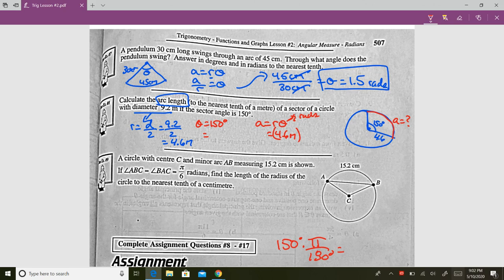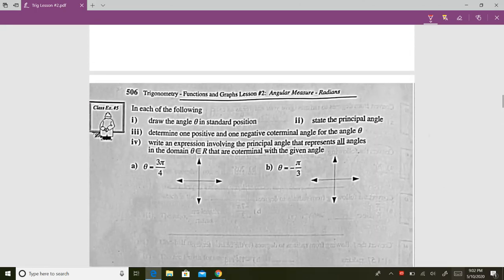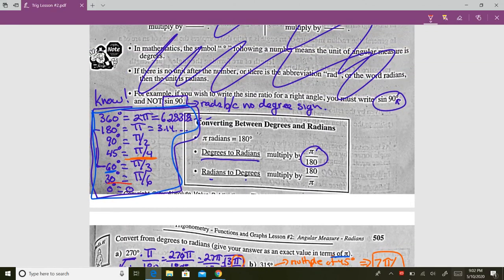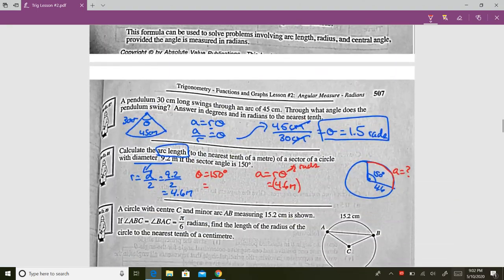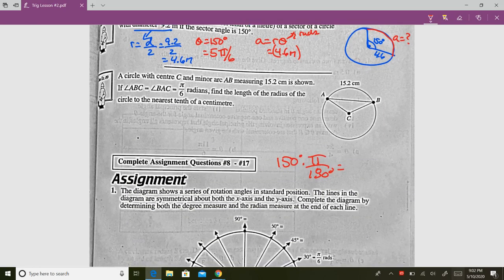Now I know 30 goes into 150 5 times, right? 5 times 30 is 150. And what's 30 degrees? This is where knowing your angles helps out. 30 degrees is pi over 6, and I need 5 of them. So my angle should be 5 pi over 6.